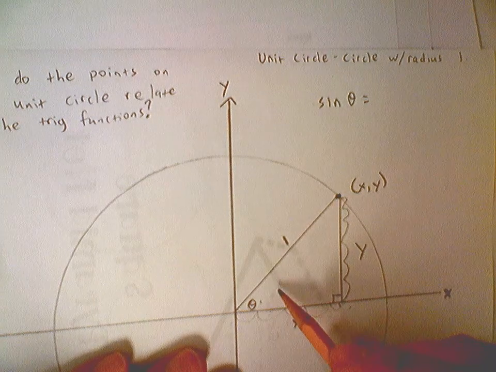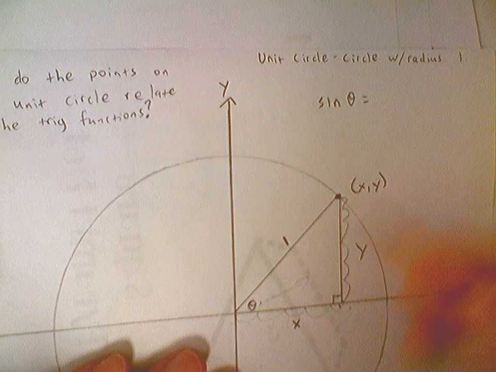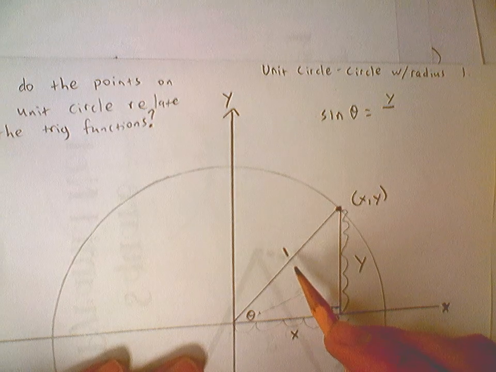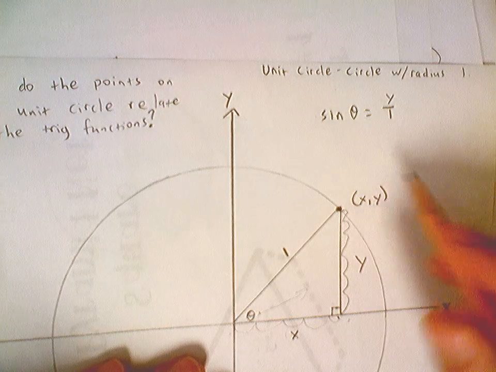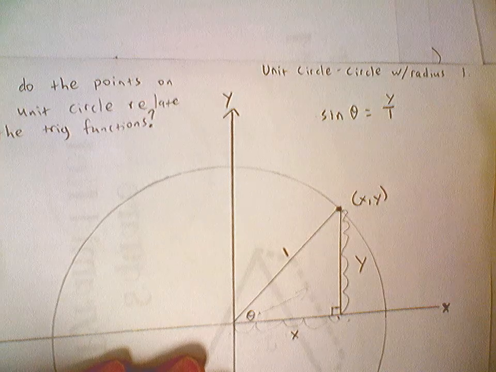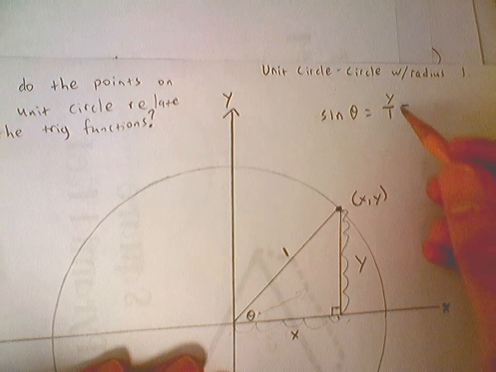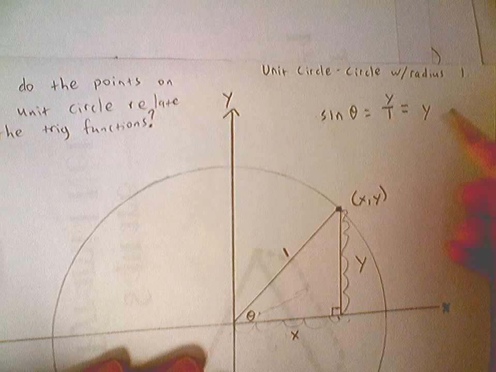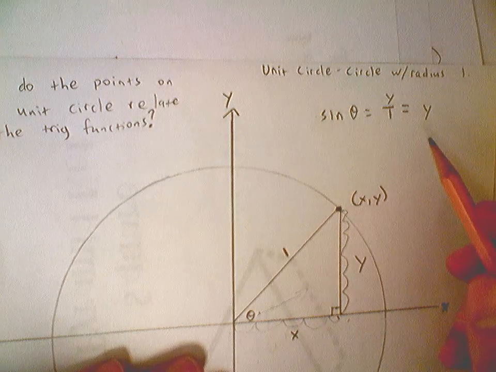So for this angle right here, my opposite side is y, and my hypotenuse is 1. So sine of theta is equal to y over 1. Y over 1 simplifies to y. So sine of theta equals y.